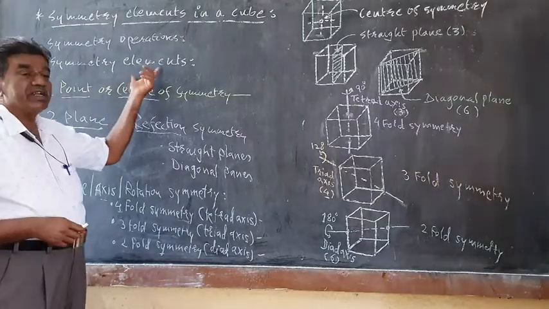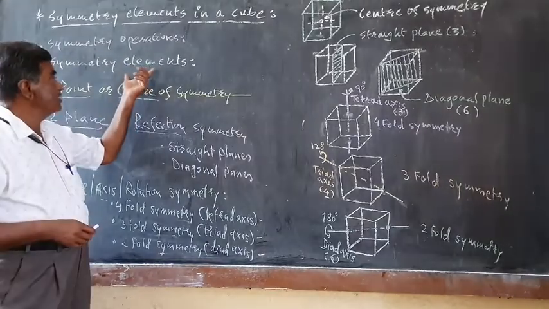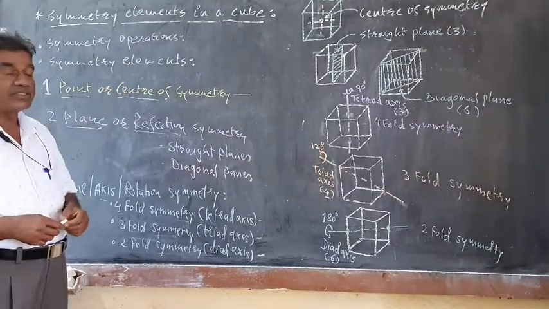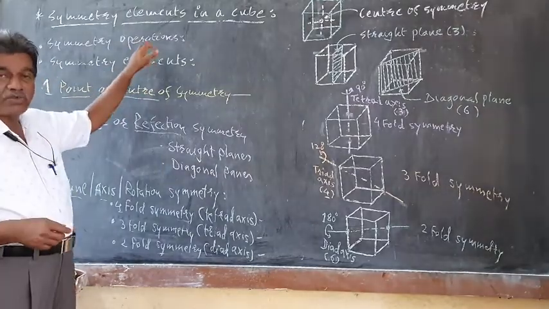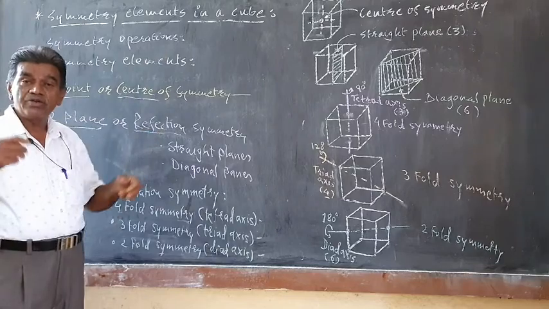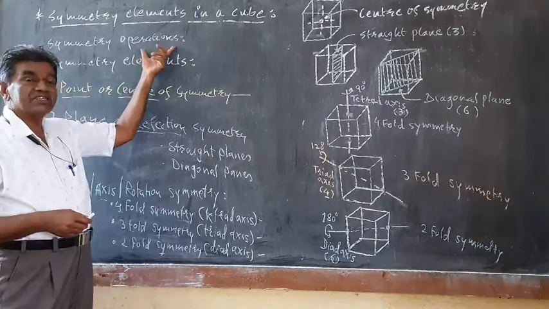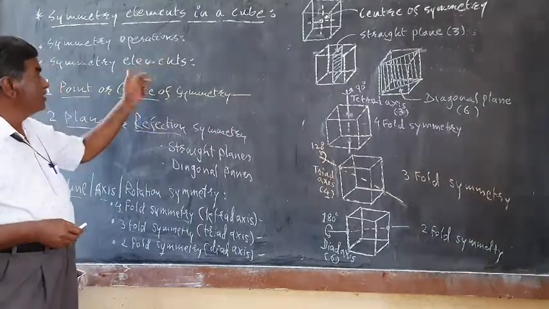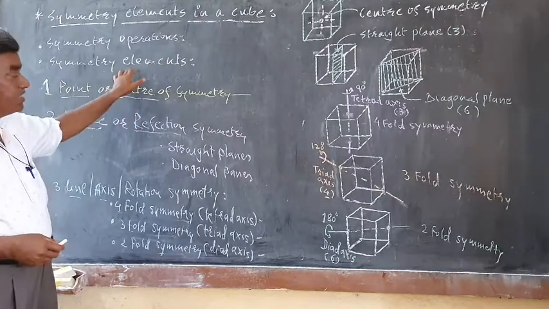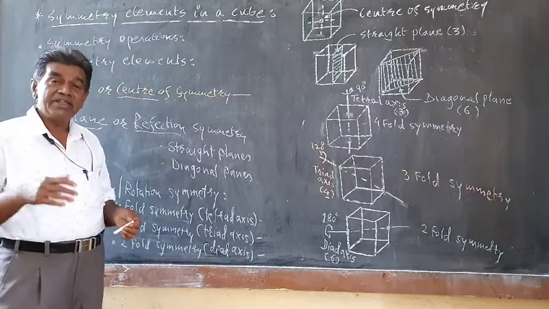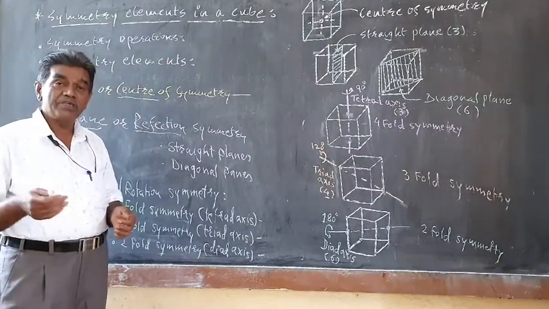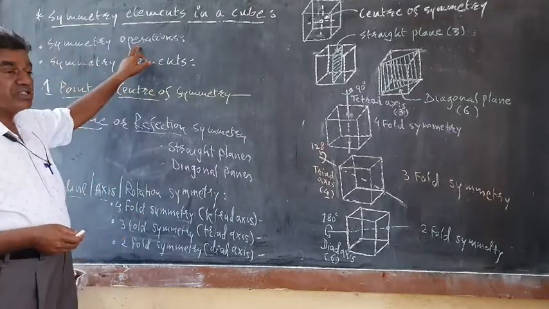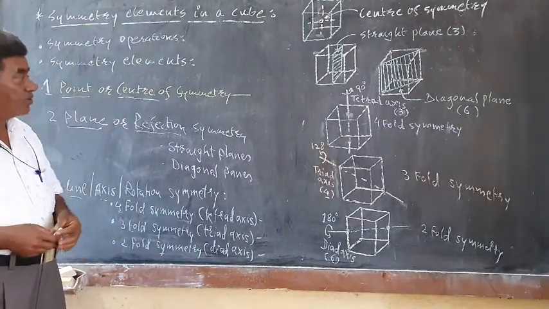Such a geometrical entity is known as a symmetry element. So symmetry operations are the operations carried out on the crystal such that it is left in its original configuration, and the symmetry element is a geometrical entity about which one or more symmetry operations may be carried out.